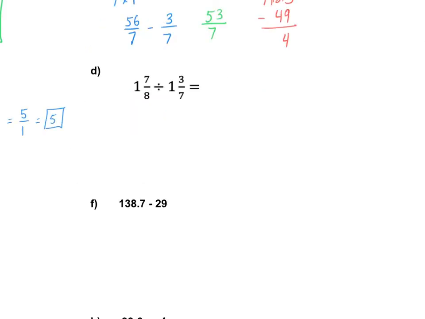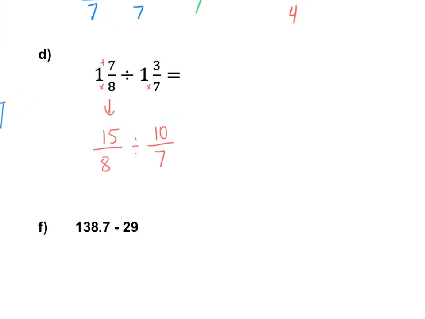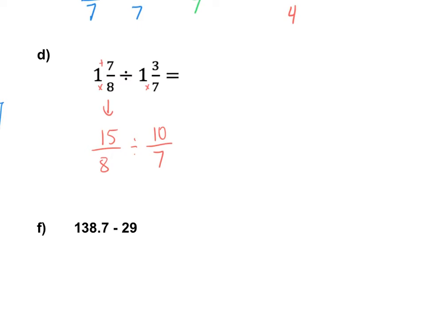Again, when I'm dividing fractions, the first step is to make them improper. So 8 times 1 is 8, plus 7 would give me 15/8, divided by 7 plus 3 is 10/7. Now remember, for dividing fractions, what's our rule?